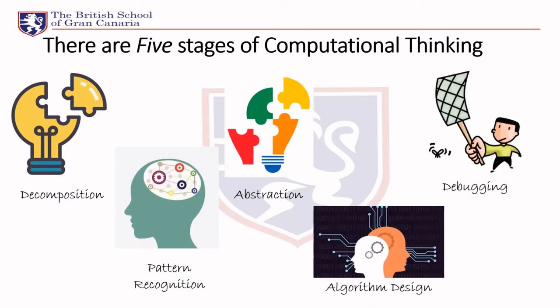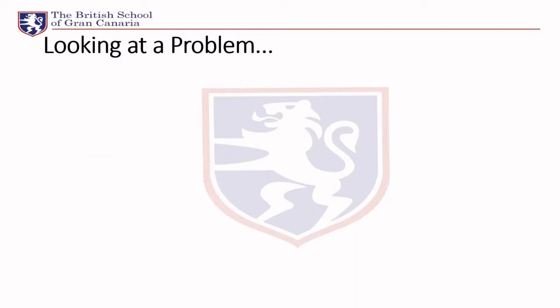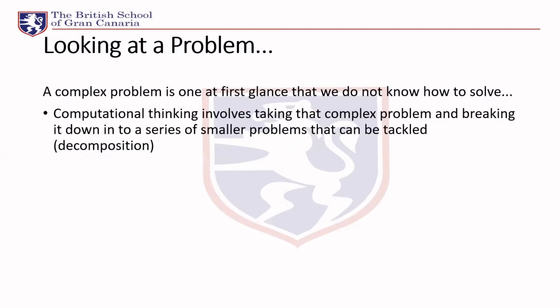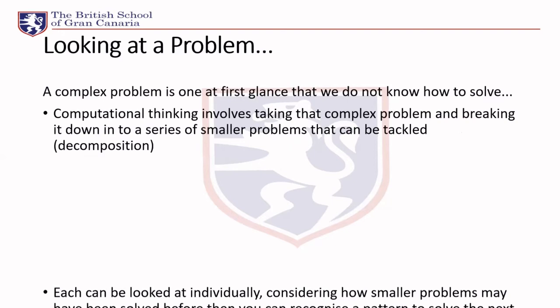Well done. Now, what are we looking at today? Hopefully, you know what we're looking at. For a start, let's look at the complex problems. We know how to solve these complex problems using computational thinking, because we break the problem down into smaller problems. That is decomposition.